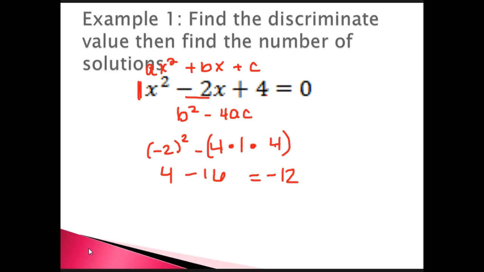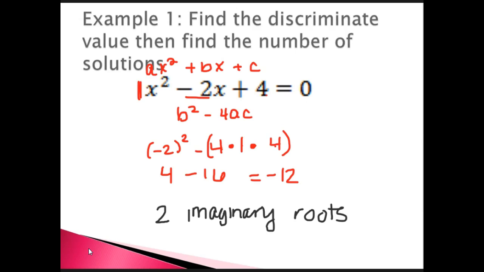That negative 12 represents the value of the discriminant. A negative discriminant tells me that I have 2 imaginary roots. So what's the final answer to negative 12? Or is it the whole 4 minus 16? The negative 12 represents the value of the discriminant.